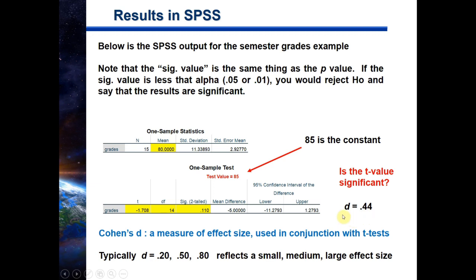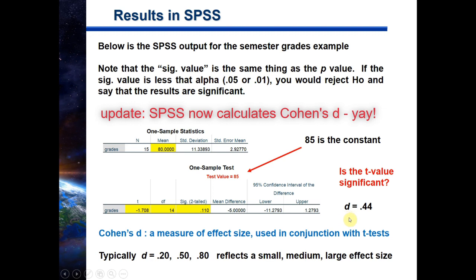The reason why I didn't have you calculate Cohen's d when you did the SPSS assignment is because SPSS doesn't calculate it, which has been a huge complaint among SPSS users. But there are apps online that can calculate it for you that are really simple and easy to use.